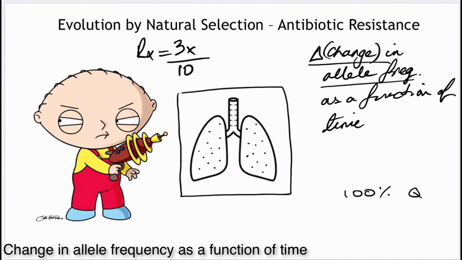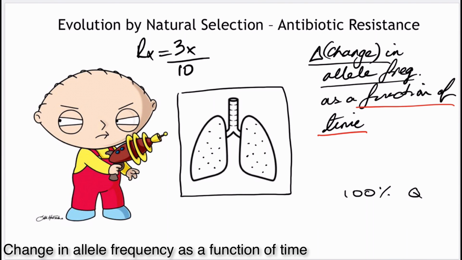So let's now look at this function of time business. The time factor here is each generation of the bacteria. Every time a bacterium divides, that's a generation. And for the garden variety Escherichia coli that you find in your intestines and in water supplies and things like that, it can be as short as 20 minutes.